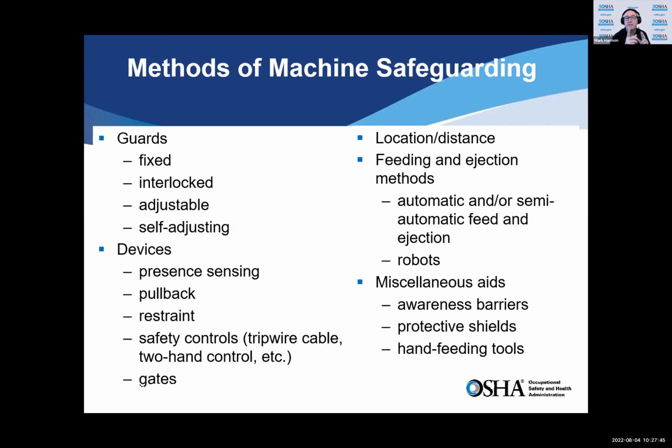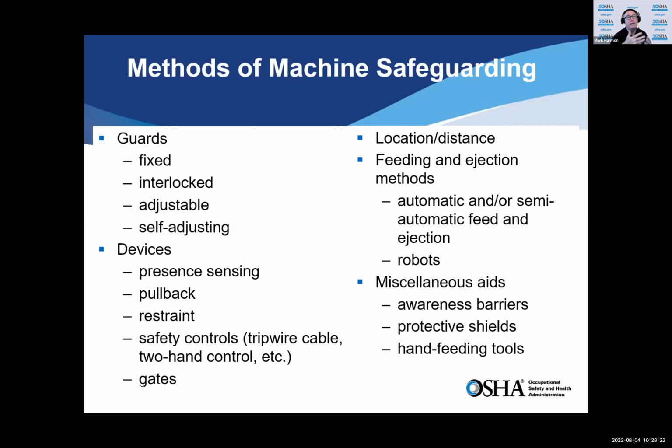Feeding and ejection methods. If you're feeding the machine or ejecting it, the part is formed, you pull it out, it can be automatic, semi-automatic, or can have robots. So again, there are many methods to safeguarding machinery. Miscellaneous aids could be awareness barriers, protective shields, or hand feeding tools. If I've got a long handle set of pliers, on some machines you can use that to place the part in the machine as opposed to putting your hand in there.